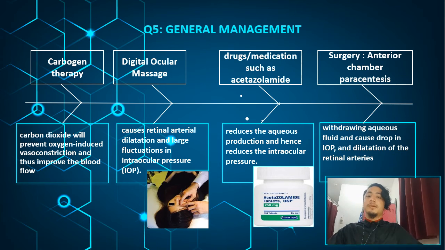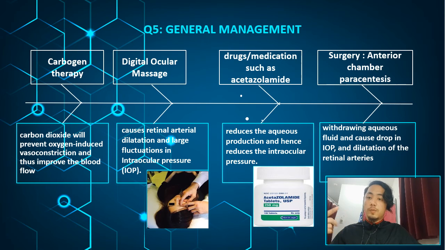Okay, the next method that we can use is consuming a drug or medication such as acetazolamide. Acetazolamide is a pill, like the picture in the slide. This pill is effective to control fluid secretion. It will reduce aqueous production in our eyes.